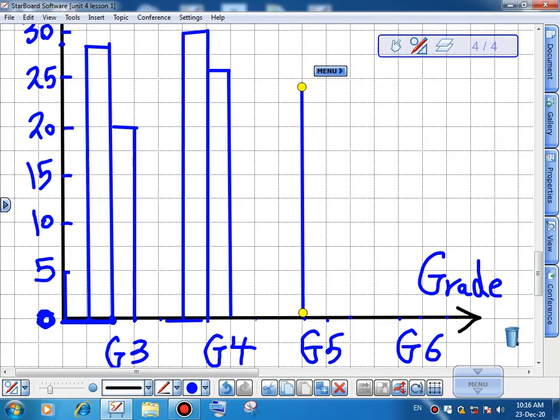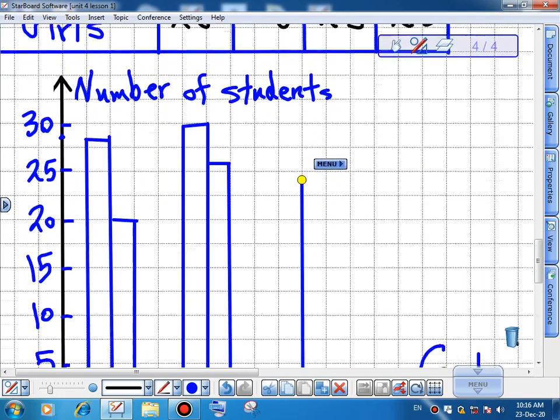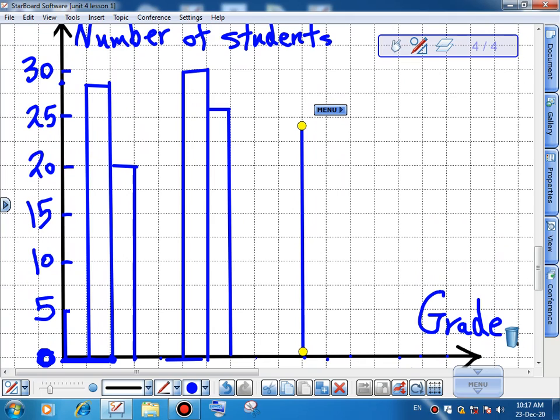After that, the number of girls, which is 29, just before 30.